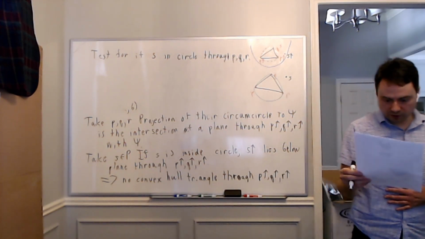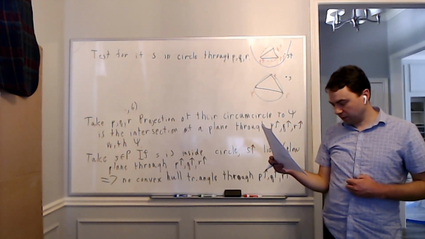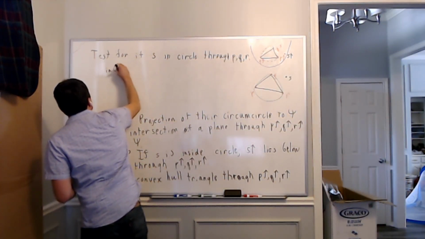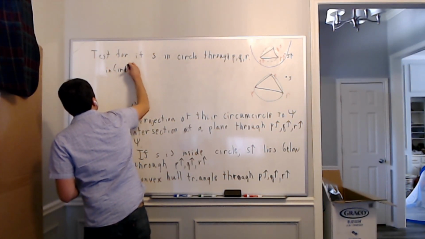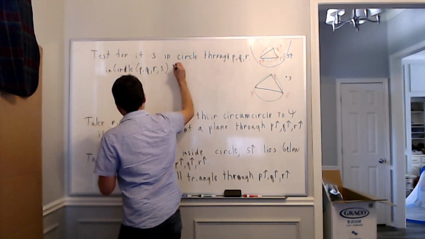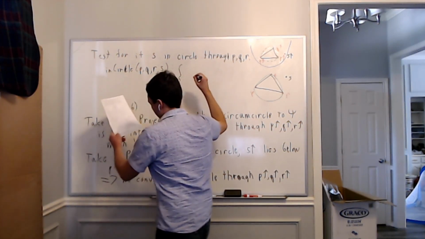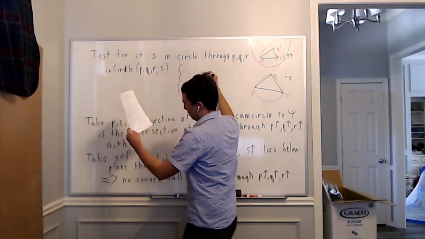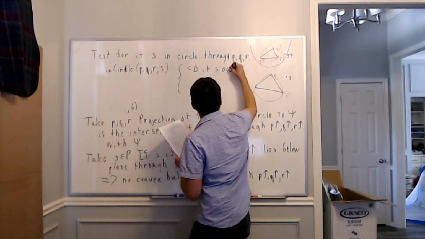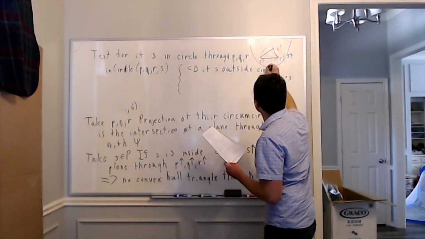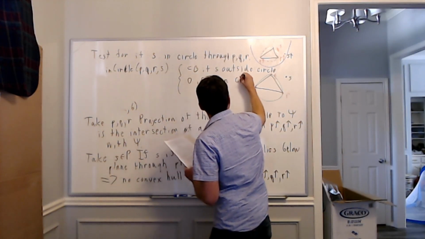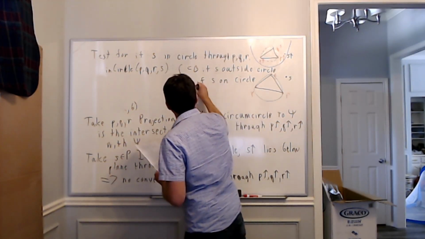So what we can do is define a function in circle P, Q, R, S, and it's going to be negative if S is outside the circle, 0 if S is on the circle, and positive otherwise.